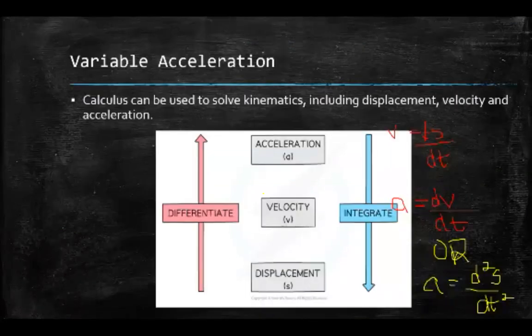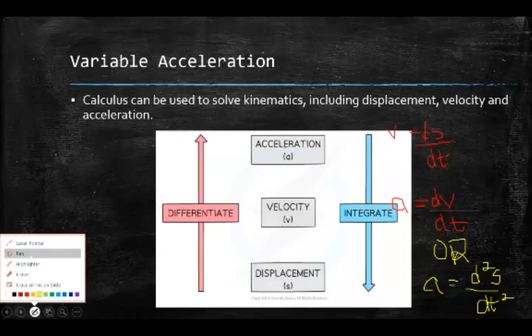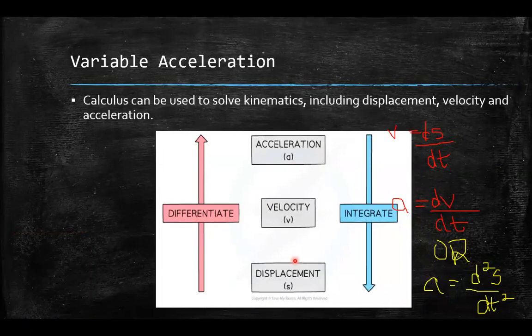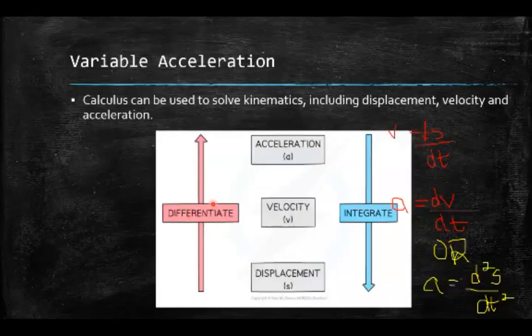And it makes sense because if you look at this diagram right here, displacement to velocity, we differentiate. Okay, we just did that. V is equal to ds on dt. If I want acceleration and they gave me velocity, I differentiate. A is dv on dt.